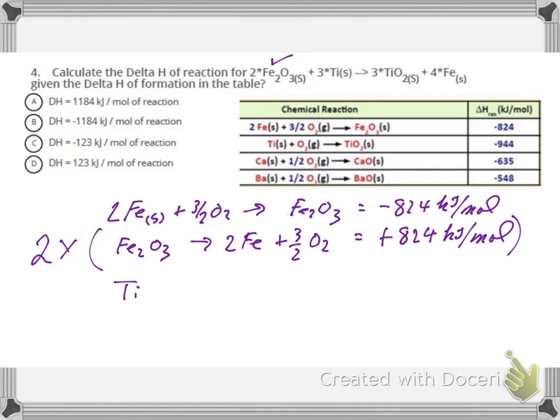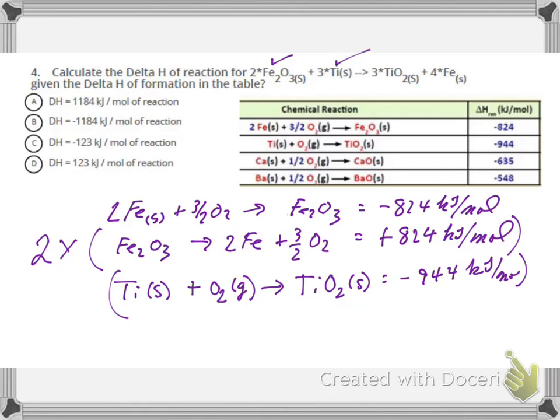The second part, titanium solid reacting with O2 to make titanium oxide. This is given as minus 944 kilojoules per mole. That is in the right direction, right? We're starting with titanium, making titanium oxide. It just has a 3 coefficient in front of it, so we multiply by 3.